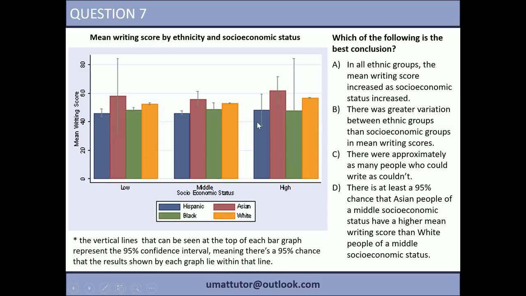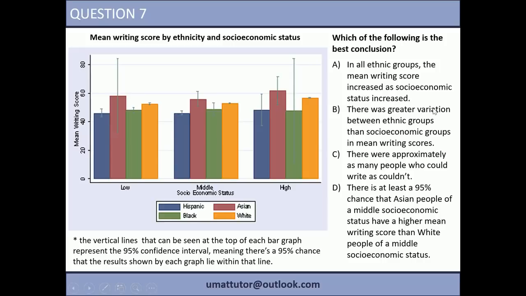If we go to the maroon graph there, the Asian group, you can see it actually goes down between low and middle. So already I'm thinking probably not the best option. Already there are some flaws here. For option A to be right, you'd really want for every ethnic group the bar graph to be increasing in height as you went along, but that's obviously not the case.